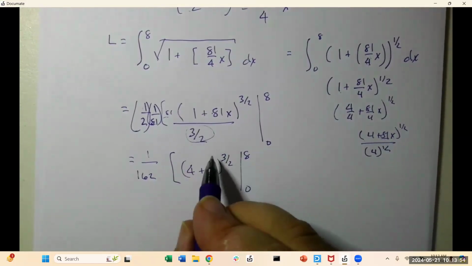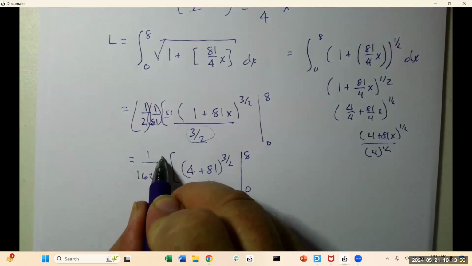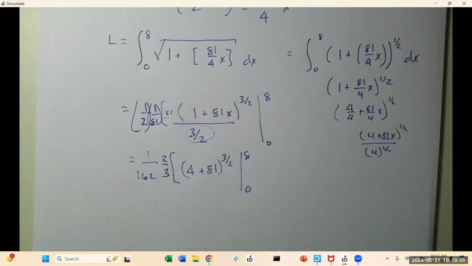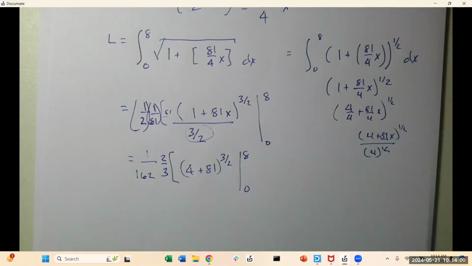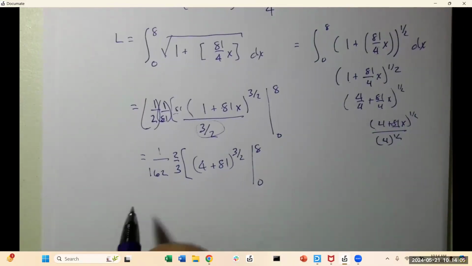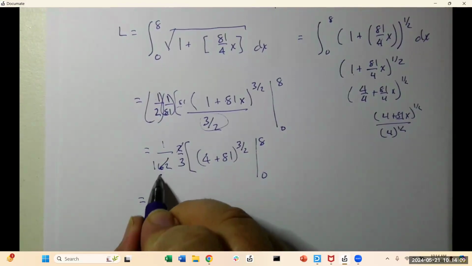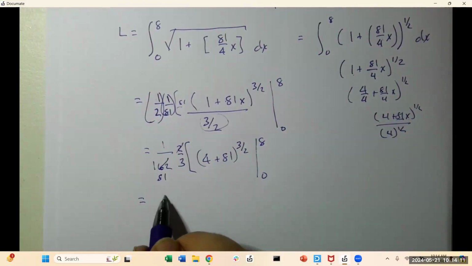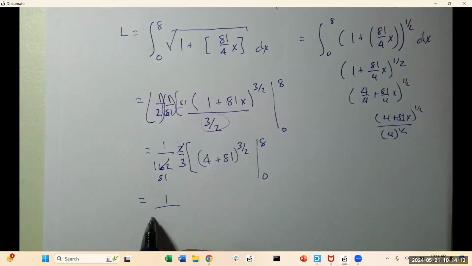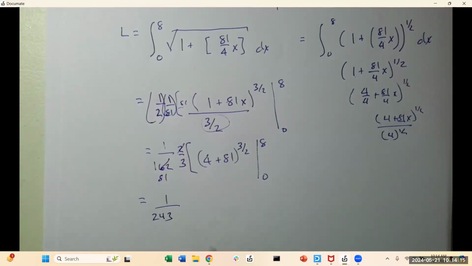And we have this on the bottom, so we flip that: 2 over 3. All right, let's see what happens here. So 2 goes into 162 81 times. So it's 1 over 81 times 3, which is 243.